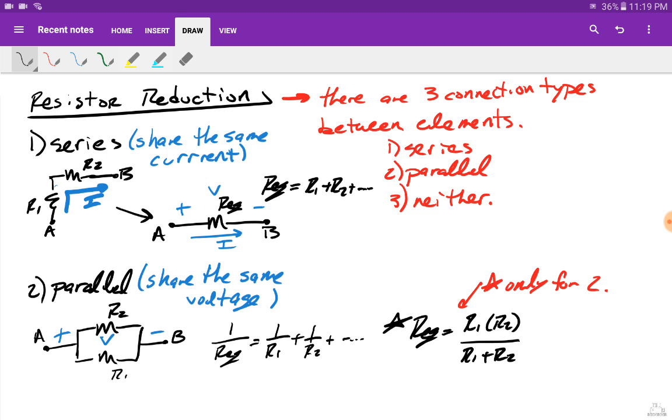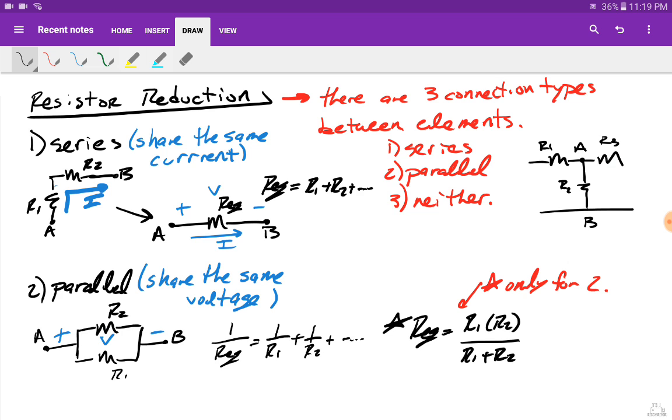So there we have it, the series connection, the parallel connection, the consequences of what it means to be in series and parallel. If you're in the neither connection, then you are neither series nor parallel. An example of the neither connection is the standard T. So let's say this was node A and this was node B, and let's say this is R1, R2, and R3.